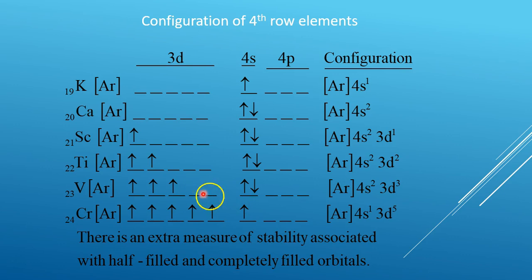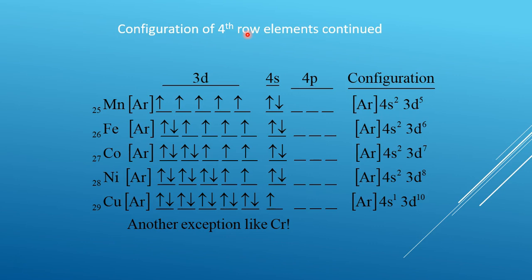So instead of adding 1 extra electron here, so we have 1, 2, and 3, we would expect to add 4, but we took 1 away from here to put it in here. So that one was taken away from the 4s and added to the 3d to add that extra level of stability. So this is one of the exceptions, chromium, in the 4th row of elements.